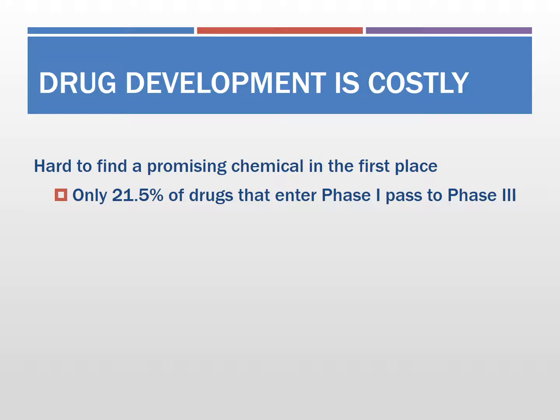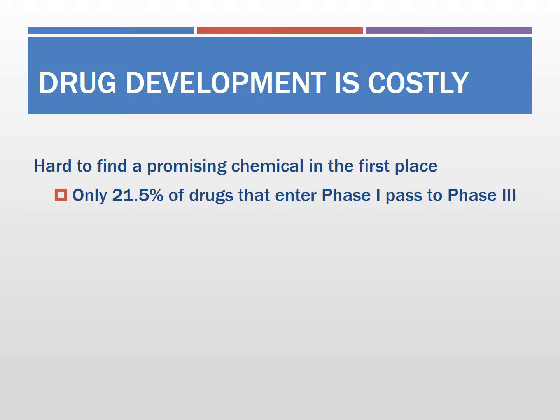This uncertainty becomes a very big challenge for a pharmaceutical company. Only about 21.5% of the drugs that enter phase 1 will pass to phase 3 in the trials.